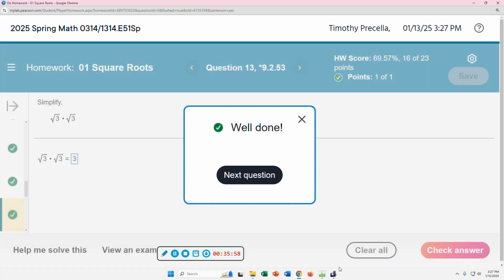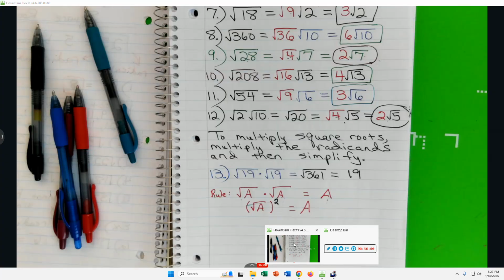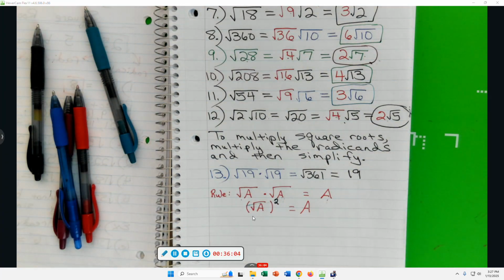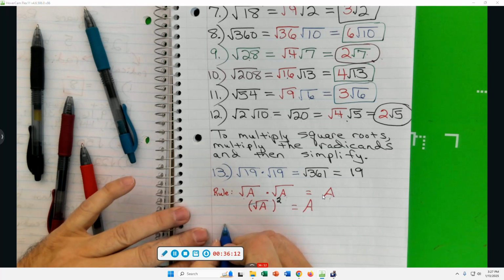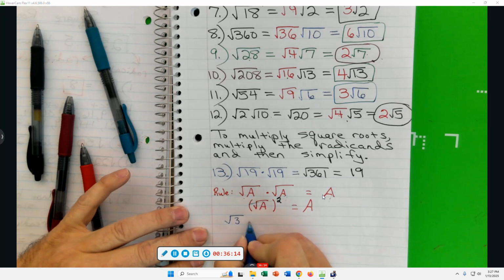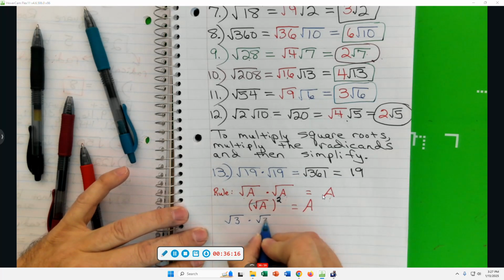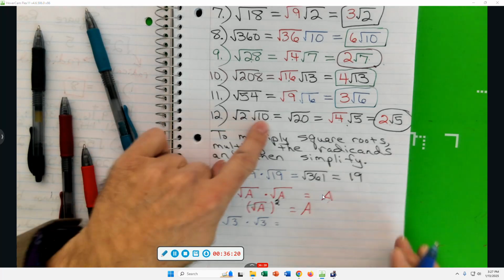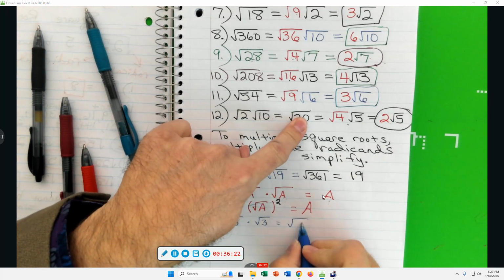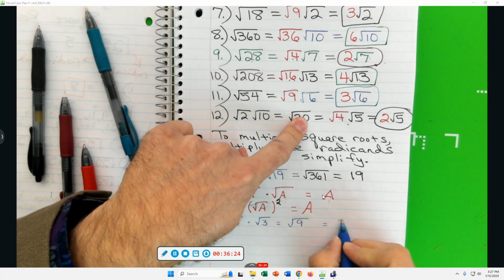Sometimes we tell y'all rules, and you may not understand why, but you should certainly understand why this red rule is true. The square root of 3 times the square root of 3, if we showed the steps, it would be the square root of 9, which is 3.